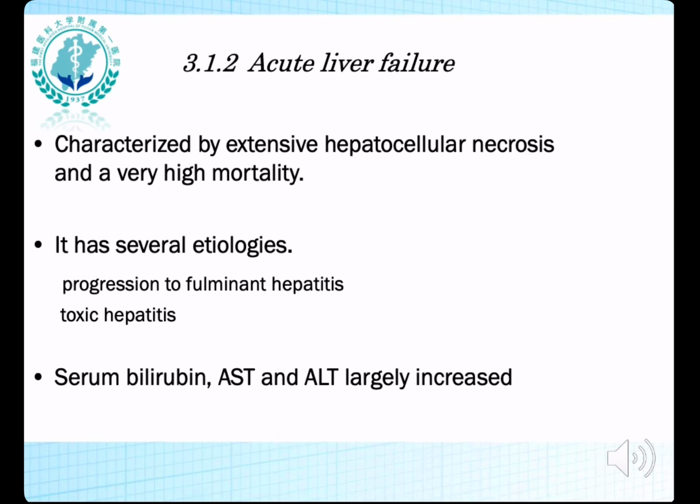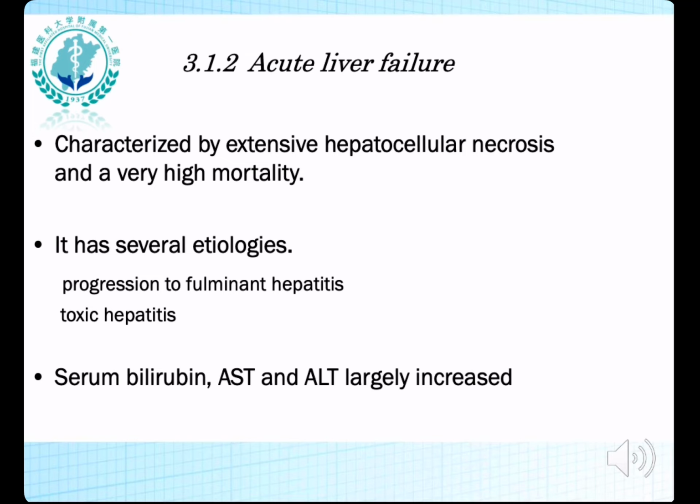Okay, when it comes to acute liver failure, it is characterized by extensive hepatocellular necrosis and very high mortality. It has several etiologies. It is the progression to fulminant hepatitis. And the most common cause is toxic hepatitis.